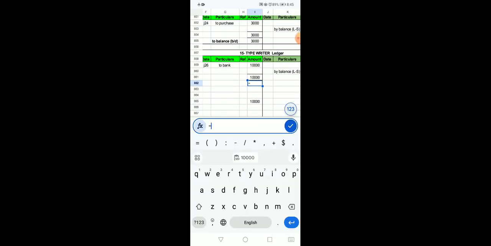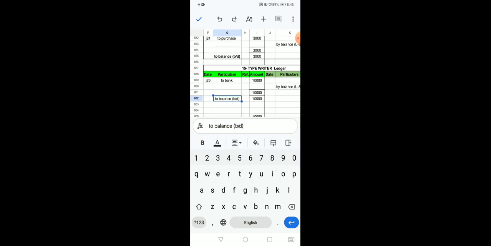It was your first step, and the next step is to bring it down but on the opposite side. 10,000 is written on the credit side. We will go to the opposite side, that means the debit side, and write the same balance on the opposite side but downwards. With a different name, this balance would be called balance brought down.